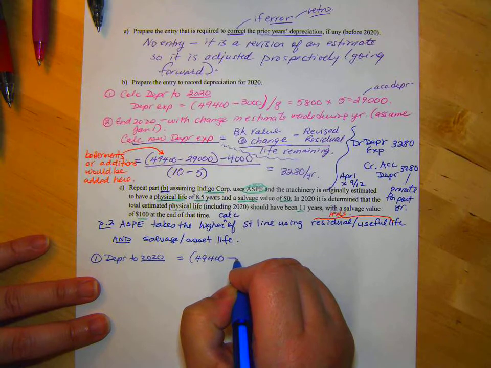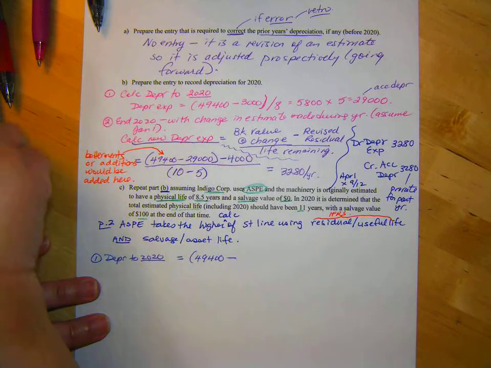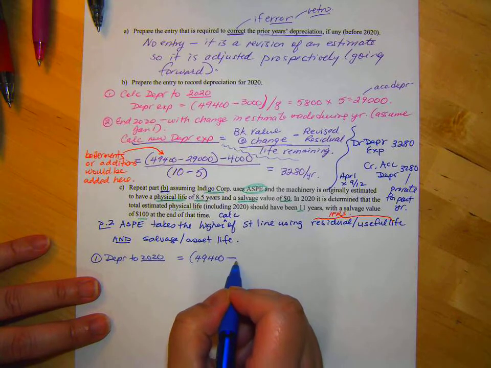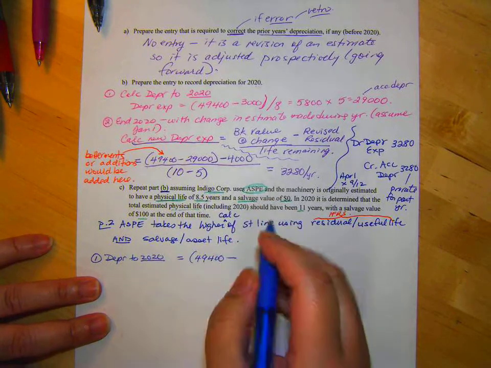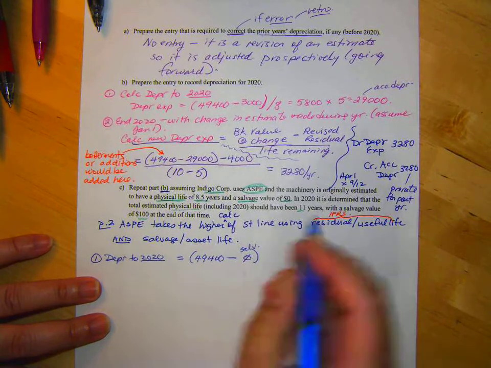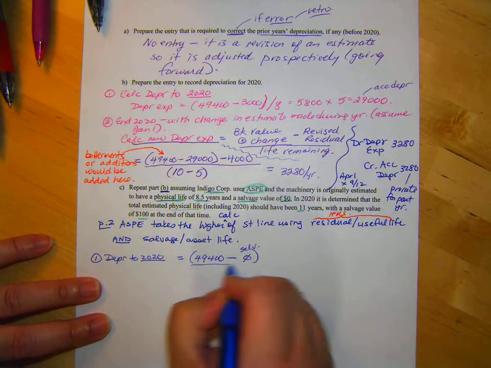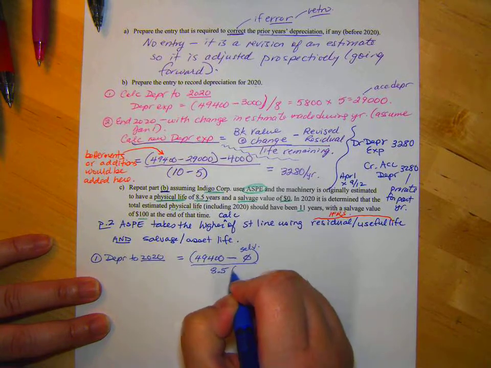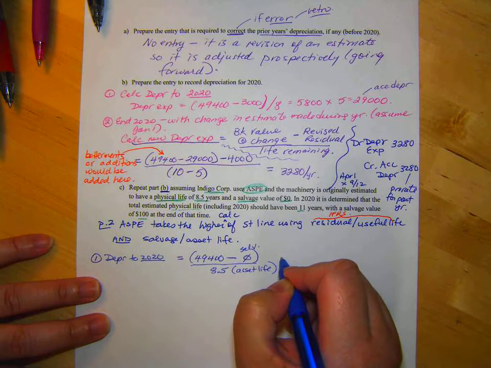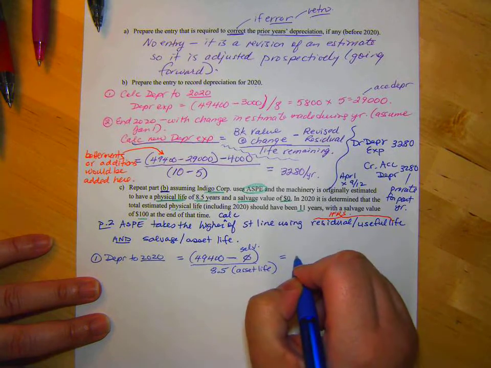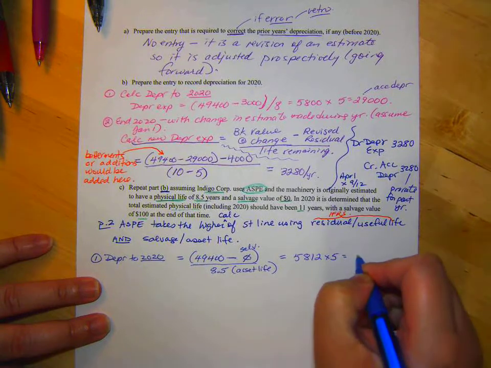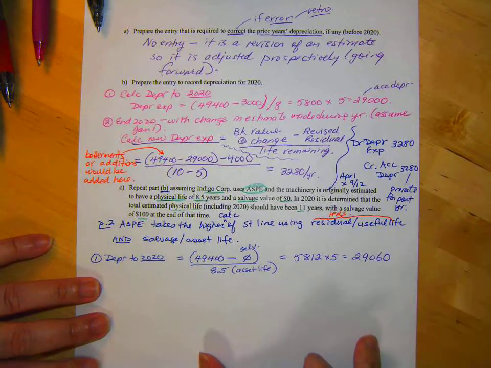So 49,400 minus the salvage, so I'm using salvage, divided by 8.5, which is asset life. And that works out to 5,812, times 5 is 29,060.